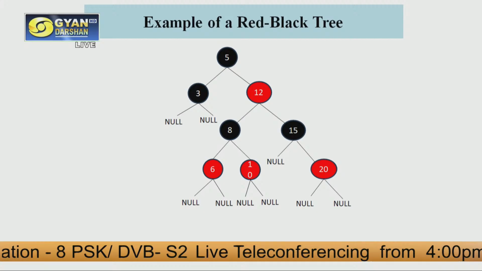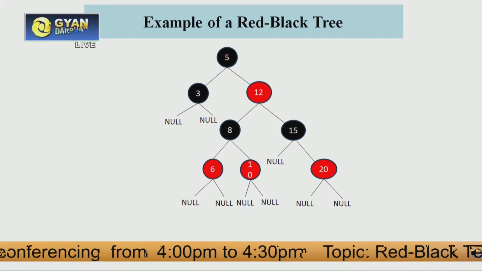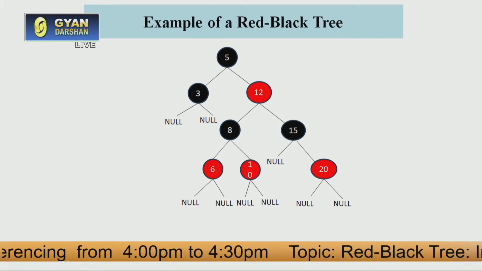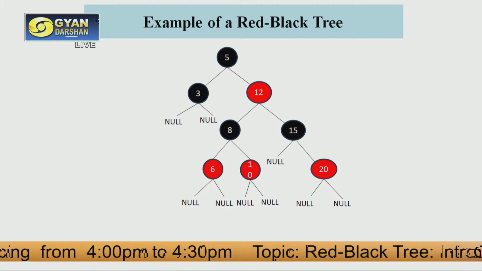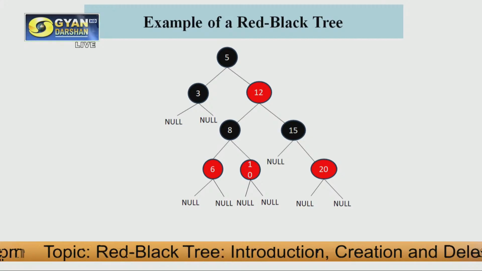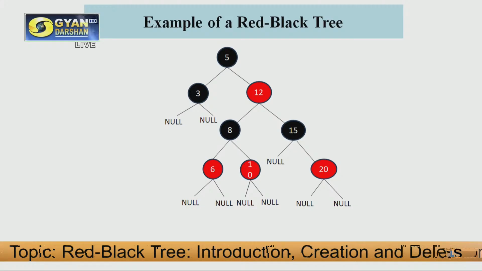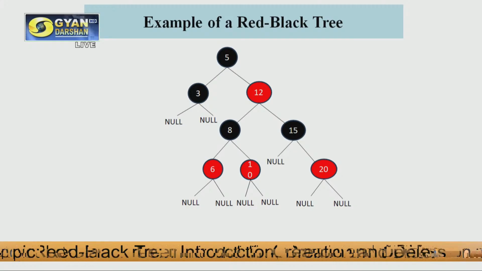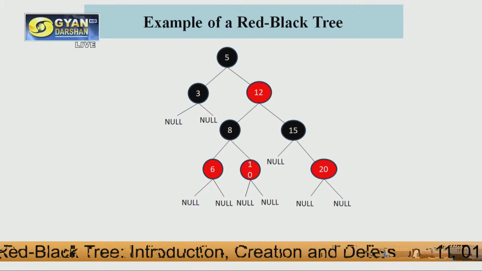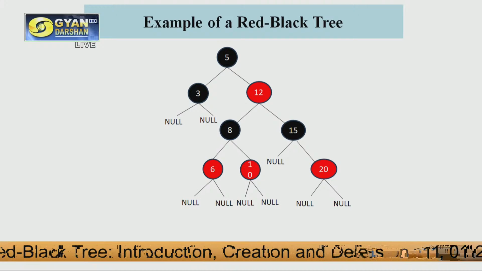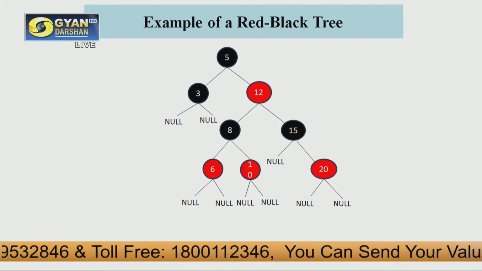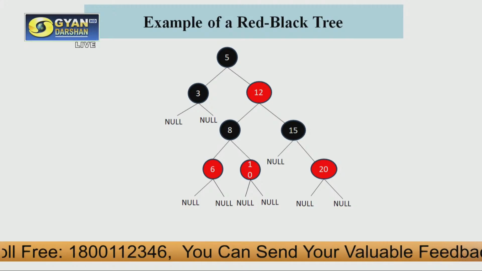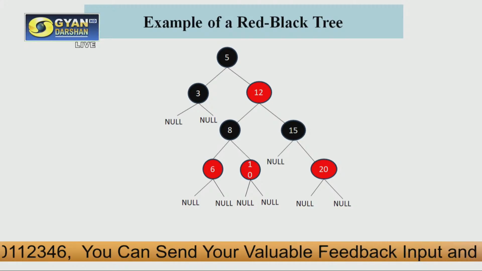We can see that from the root to the left node, we have two black nodes, and in all other paths, like 5 to 12 to 8 to 6, we again have two black nodes. Similarly, from the root to 5 to 12 to 8 to 10, and 5 to 12, then right 15 and 20, it also has only two black nodes.